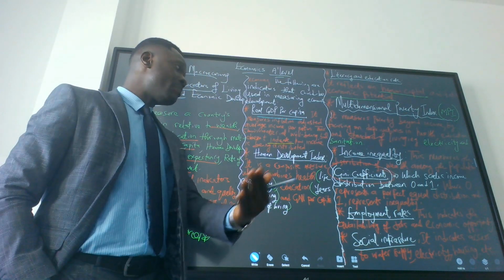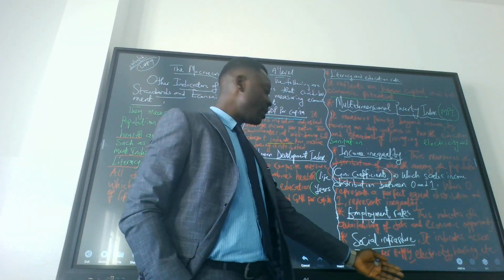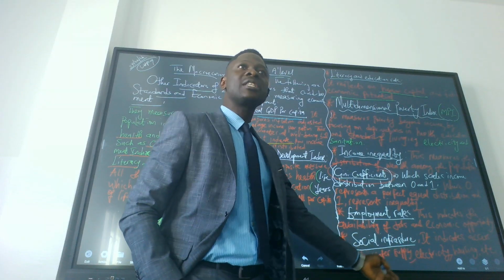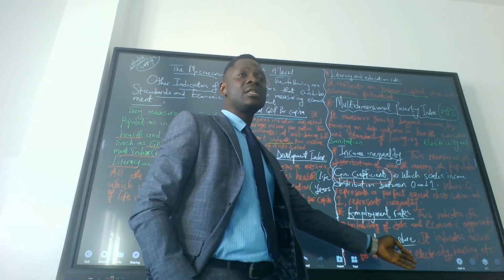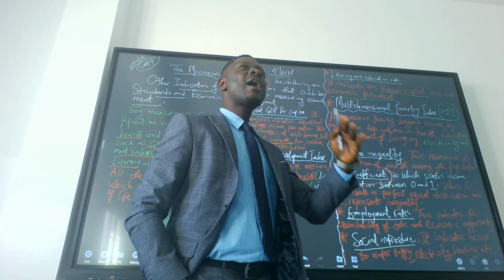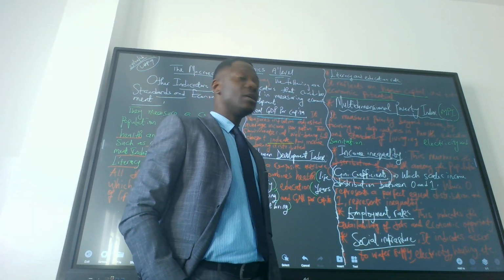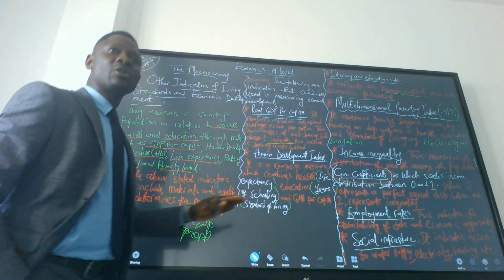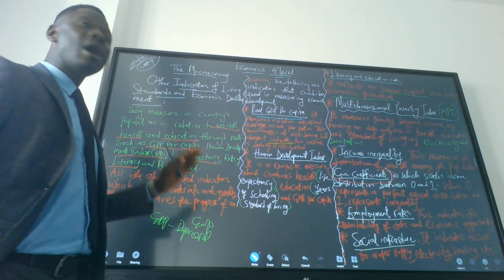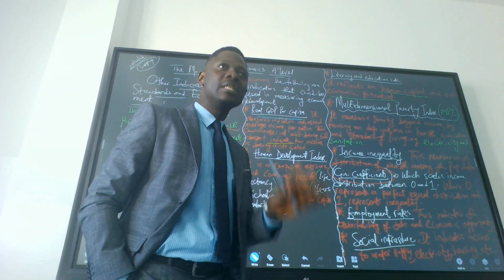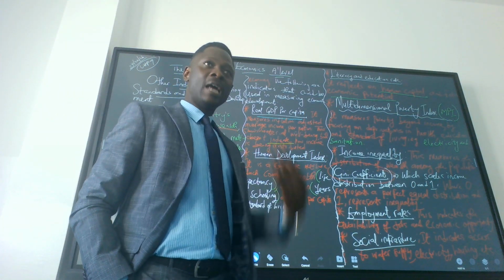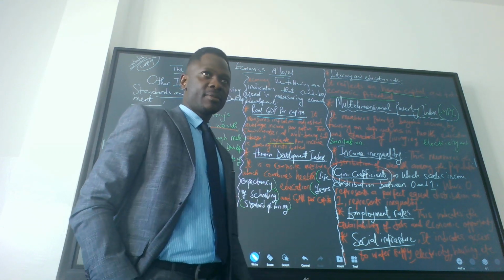You can imagine if an economy has access to water supply, housing, electricity, this simply solves half of the situations when it comes to poverty. Do you get it? So these are economic indicators that would allow us to know how the standard of living of an economy is before now compared to other countries. Any question?